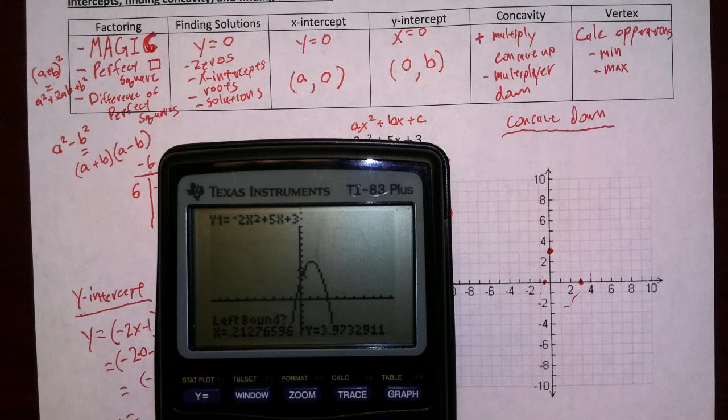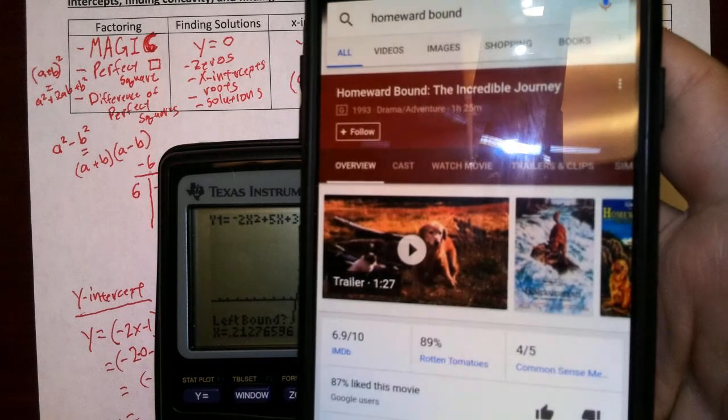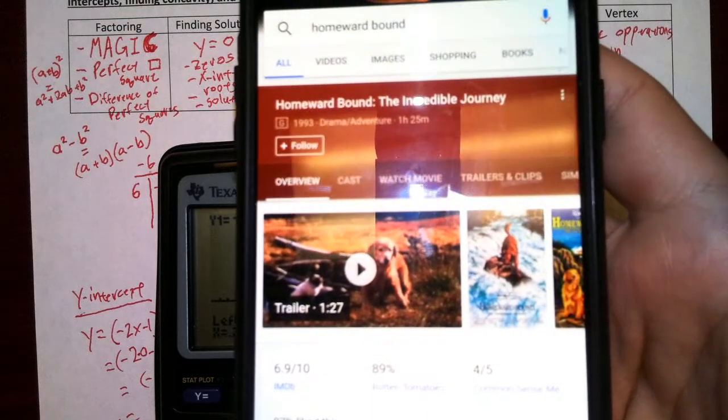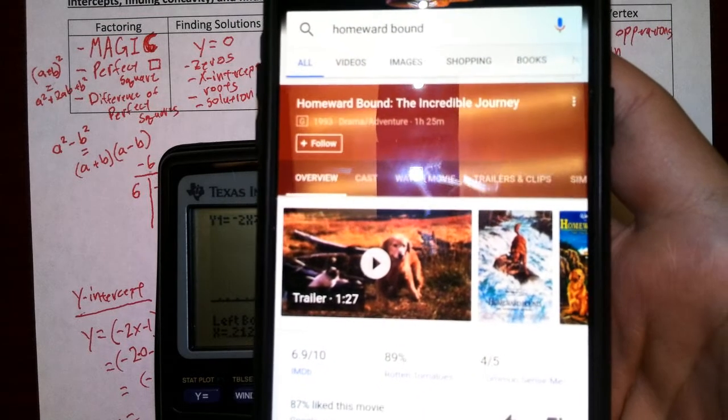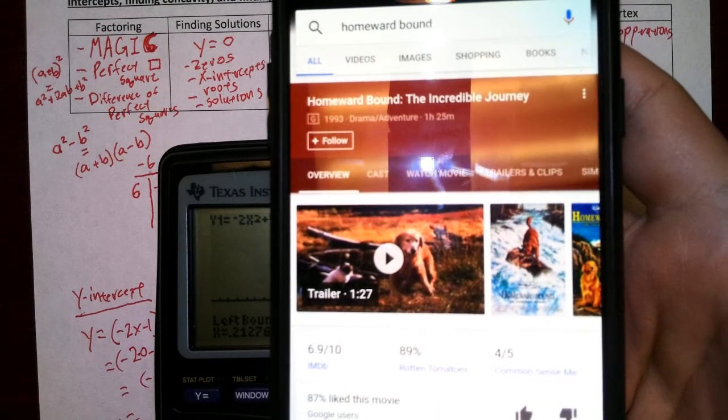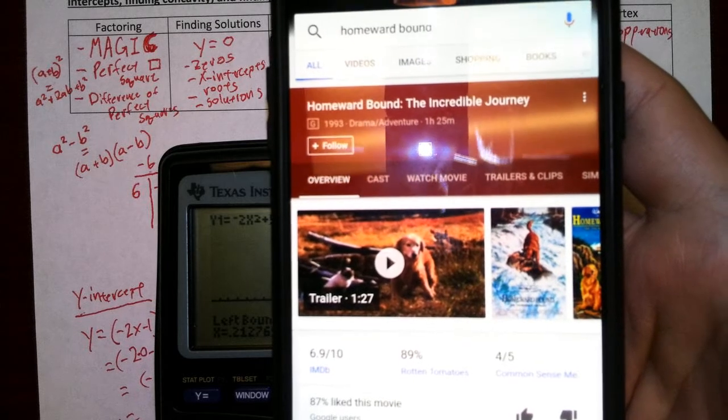Okay, when you think of bound, I want you to think of the movie Homeward Bound. I think you guys don't know the movie Homeward Bound, but it is an incredible 90s movie, a gem of the 90s. Here we go. This is actually what it looks like. This is Homeward Bound, right? And it's all about these animals who get lost, and they're in the forest trying to find their way home, trying to go homeward bound, right?